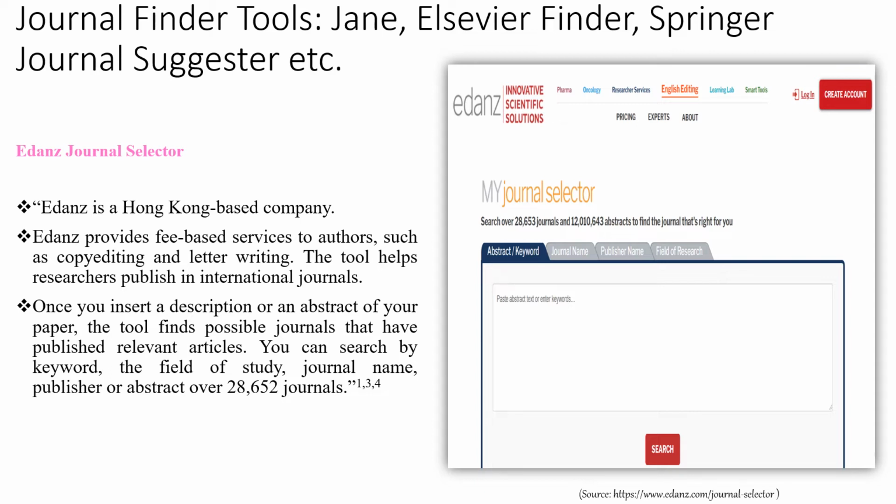You can search by keywords, the field of study, journal name or publisher, or by abstract also, in over 28,652 journals. So it provides a wide range to find your journal to get your article published.